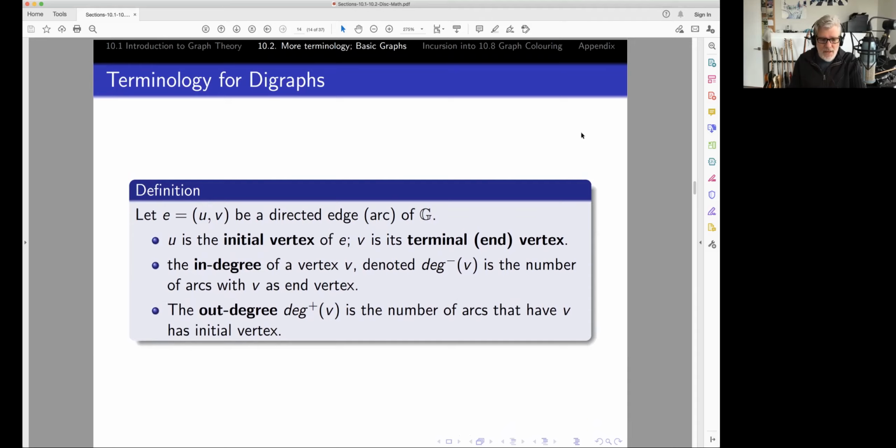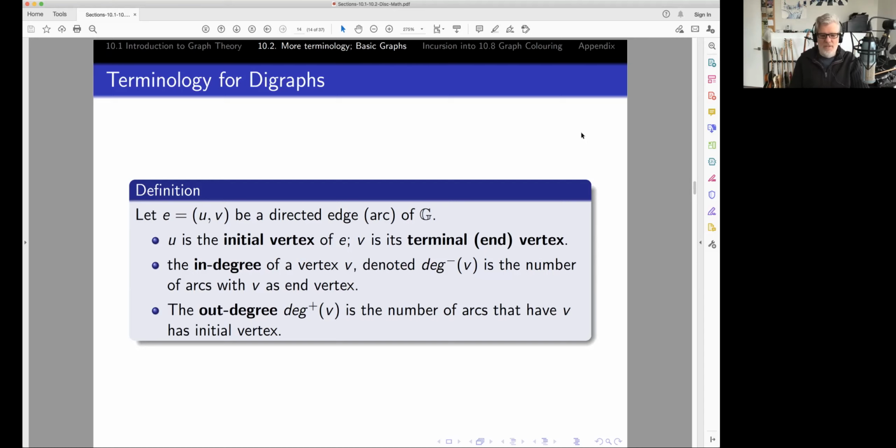Now when we had the undirected case, we looked at the degree of a vertex. That's just basically counting all the edges that are incident to it. But now there are edges going out and edges going in, and we'd like to refine this analysis. So we're going to talk about in degree and out degree.